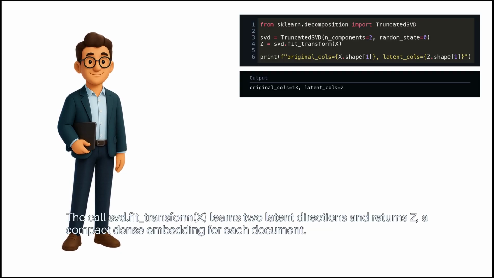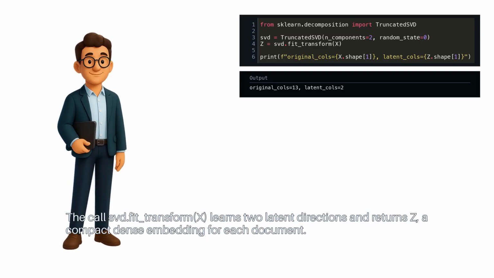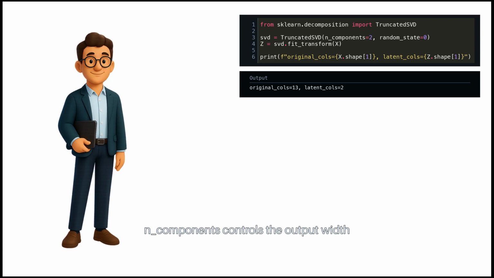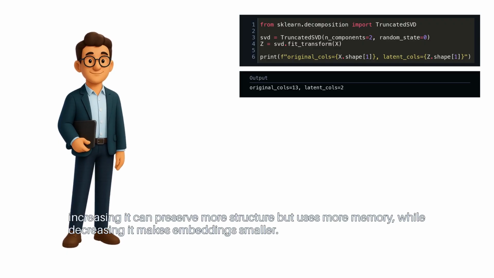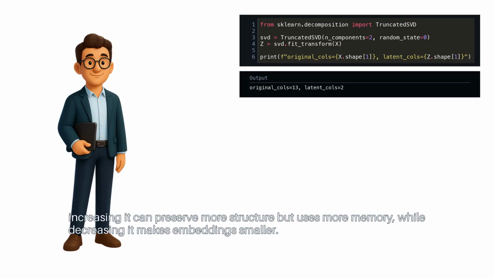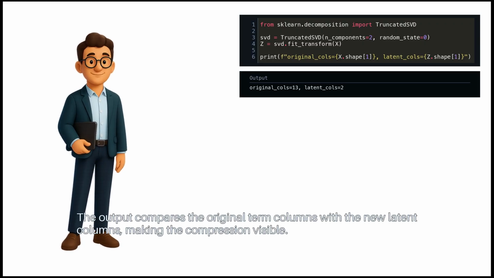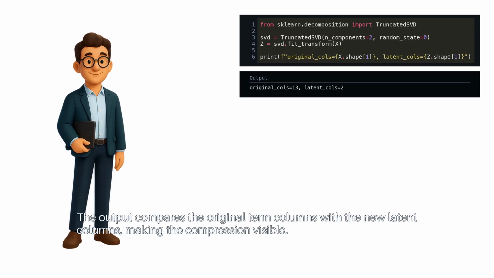The call svd.fit_transform(X) learns two latent directions and returns C, a compact dense embedding for each document. n_components controls the output width. Increasing it can preserve more structure, but uses more memory, while decreasing it makes embeddings smaller. The output compares the original term columns with the new latent columns, making the compression visible.